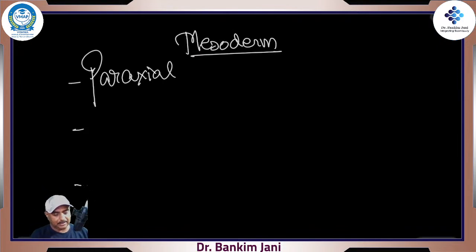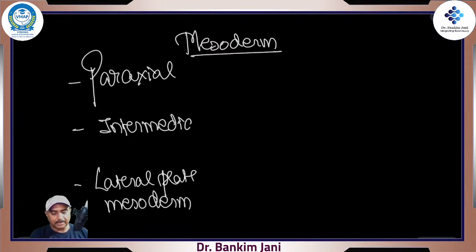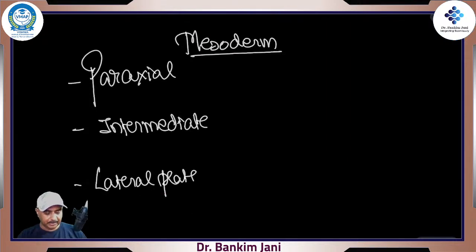That is the lateral plate mesoderm. As the name suggests, it will be going to the lateral aspect and will cover everything. And in between, it is the intermediate mesoderm. All are mesoderm only. So paraxial, intermediate, and the lateral mesoderm.